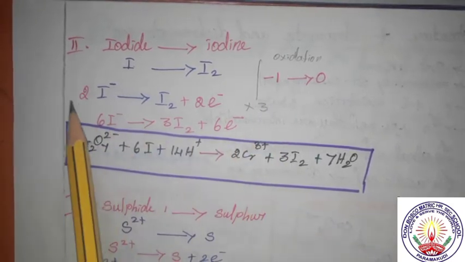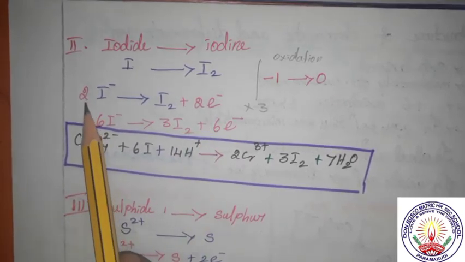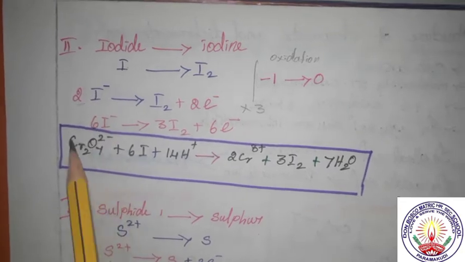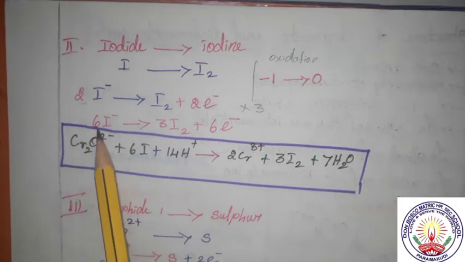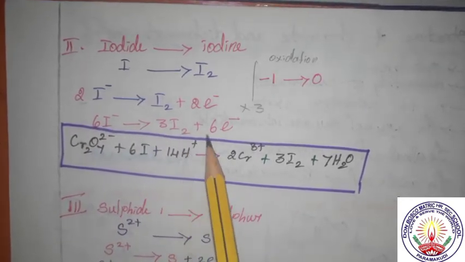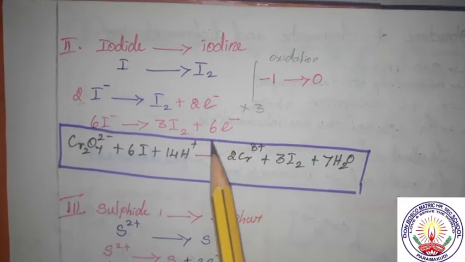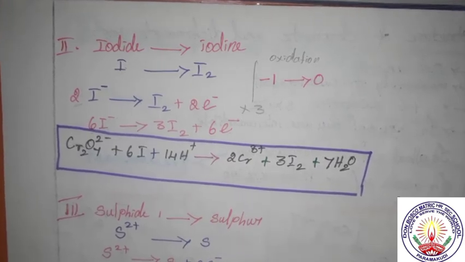When we have 2 here, we have to balance this, so we write 2 I minus. Now multiply this with 3: 2 into 3, 6 I-, going to 3 I2 plus 6 electrons. Now we have to write this with the basic equation.